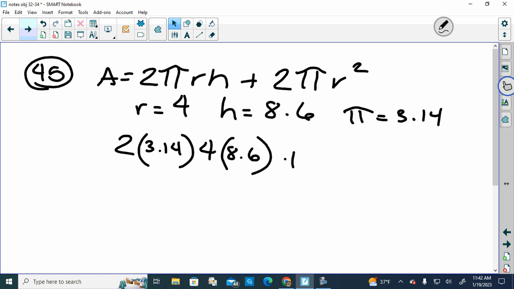Okay, then plus, and then I have 2, and then pi again, we want to use 3.14, and then r squared, my r is 4. Okay, we good? No, it's right.